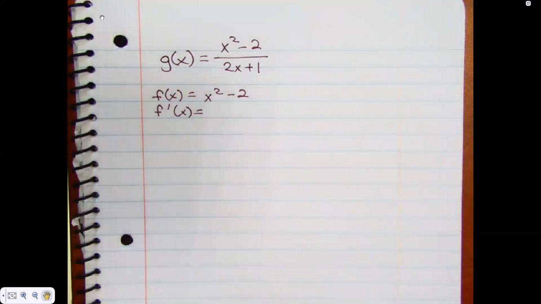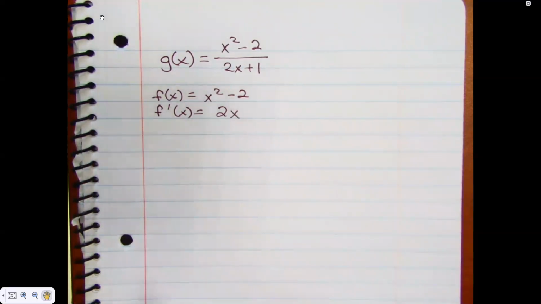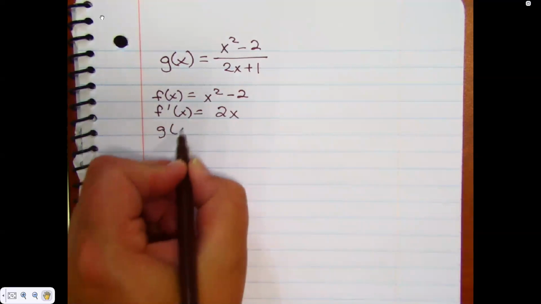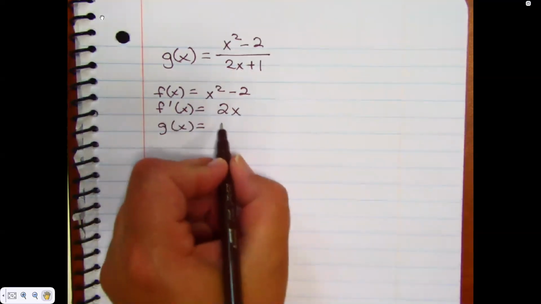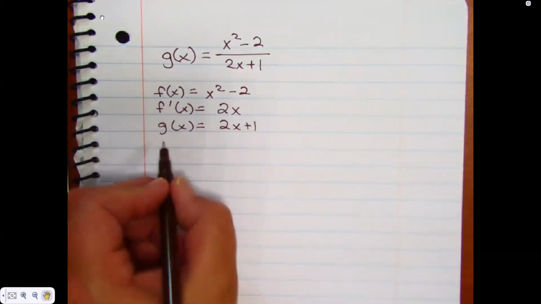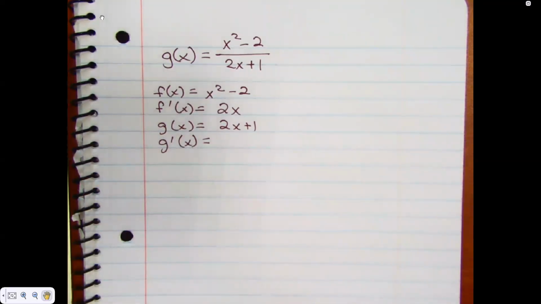That's not too bad. Roll it down, subtract 1, 2x, and the negative 2 goes away. All right, g of x, remember this is just talking about the denominator. This is our general numerator denominator. So this is 2x plus 1, and its derivative is 2.